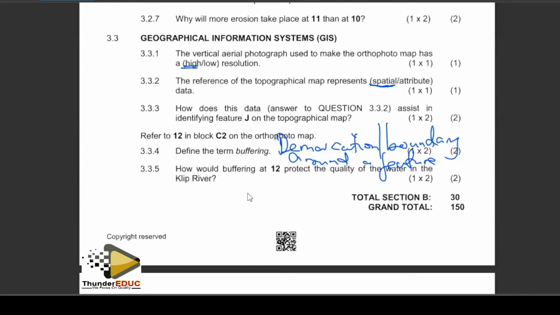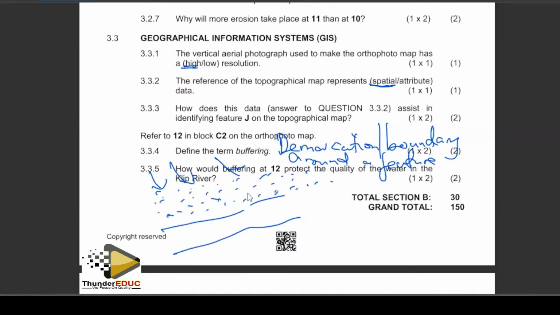If you are buffering a river, say the Klip River, then we don't want development to interfere with the river. We plant trees here to show that this is now the area of the river. There should be no human activities or development happening here. This is buffering. We've put a boundary. These trees signify that no human activity must interfere here.